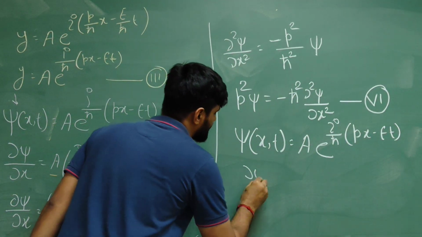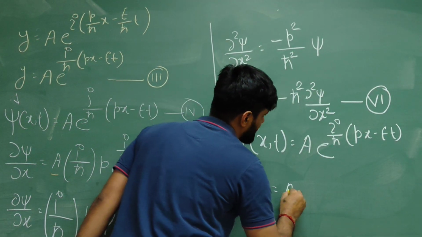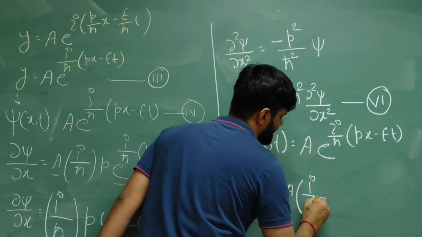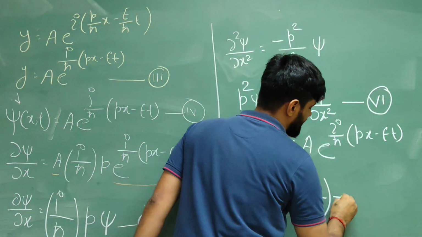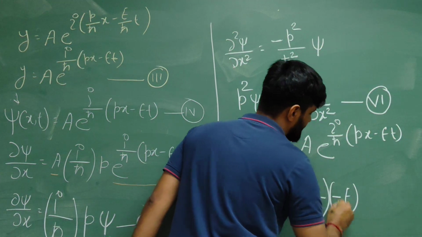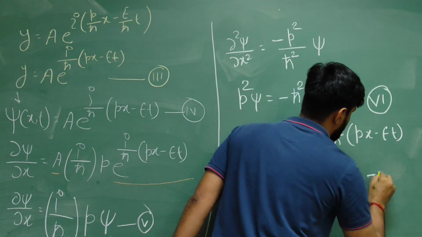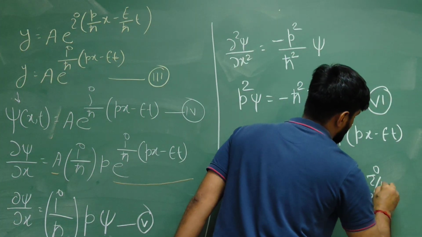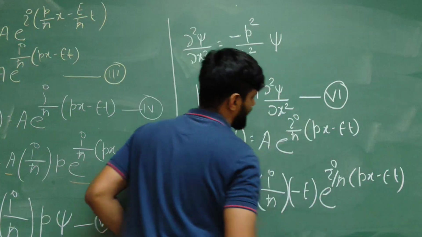So if you take the derivative of this with respect to time, you will be getting A, and obviously i divided by h squared, and if you do the derivative of this, you will be getting the value minus E. It will get multiplied here, and then you will be getting e to the power i by h squared (px minus Et).